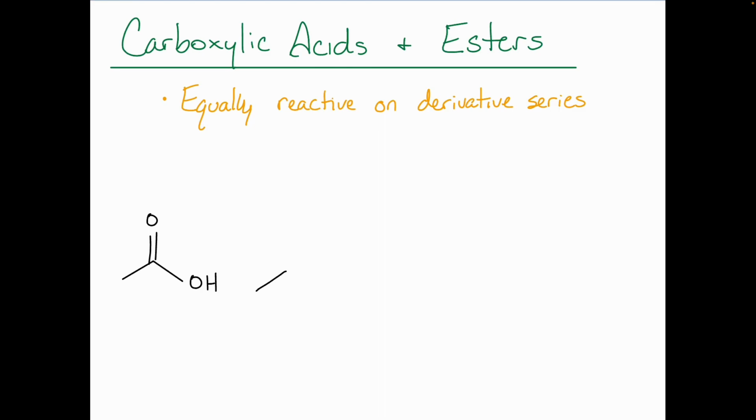A carboxylic acid plus an alcohol gives an ester and water.